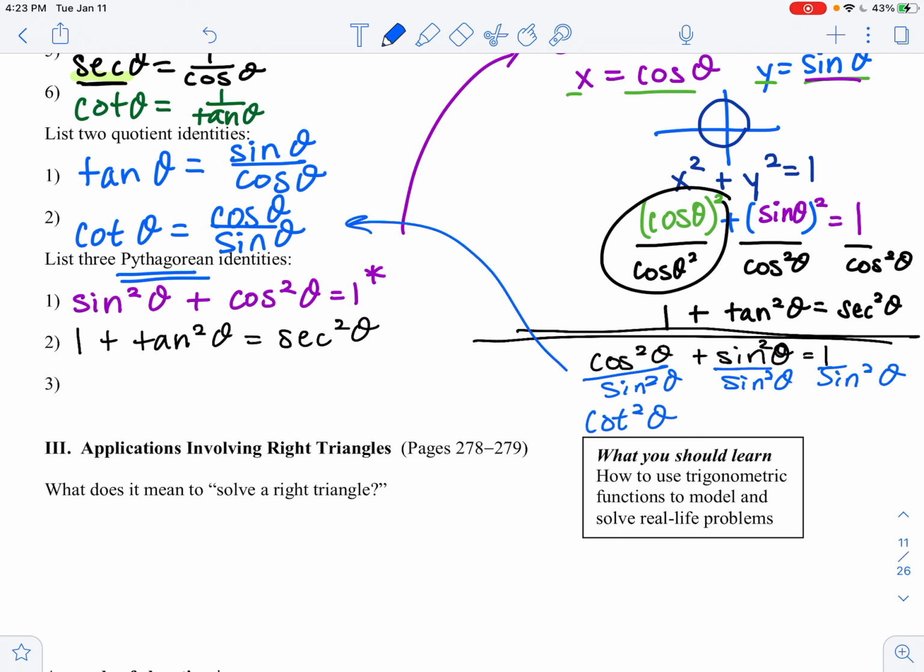So cotangent squared theta, sine squared over sine squared is 1, equals 1 over sine, which is really cosecant. So that's our other Pythagorean identity: cotangent squared theta plus 1 equals cosecant squared theta.